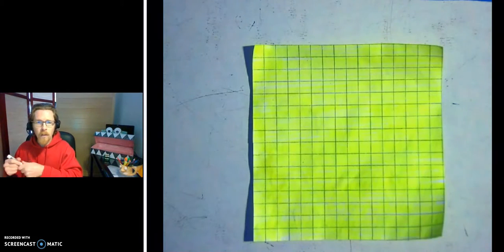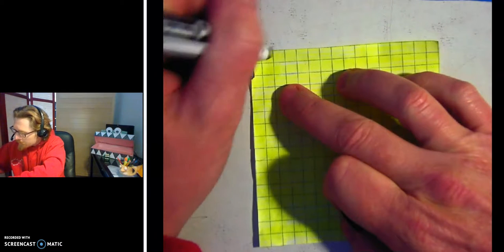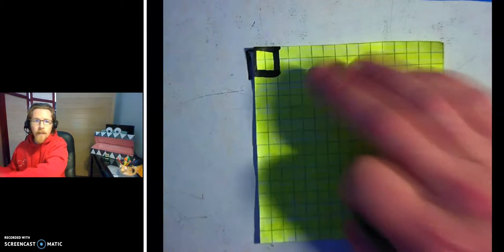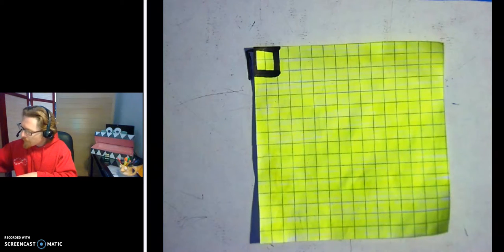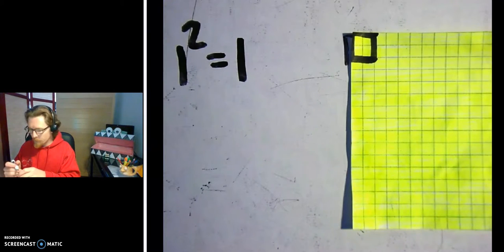So the smallest square that I can make is 2 blocks by 2 blocks. And if I look at that, that's going to be my perfect square. That is a 1 by 1 square, and 1 squared is 1. So the smallest block I can make is a 1 by 1.